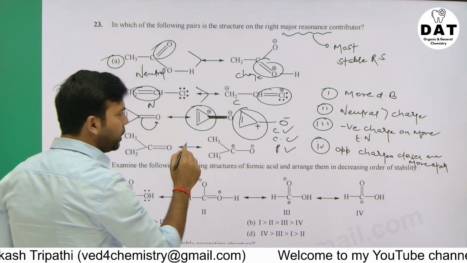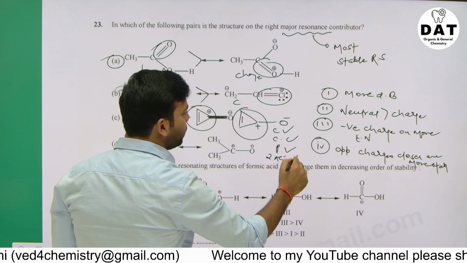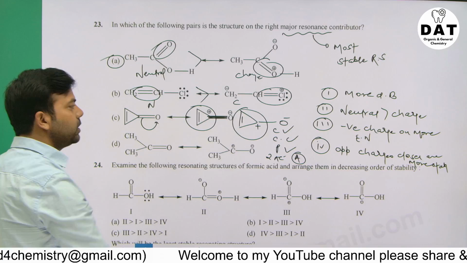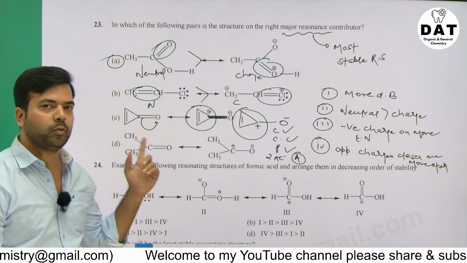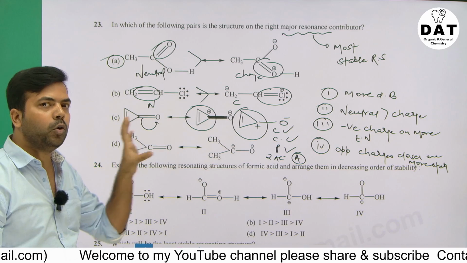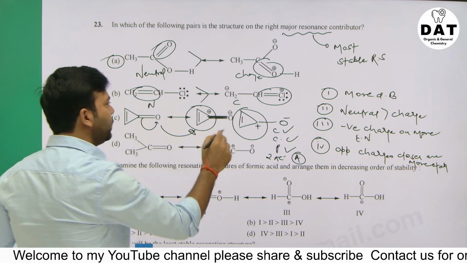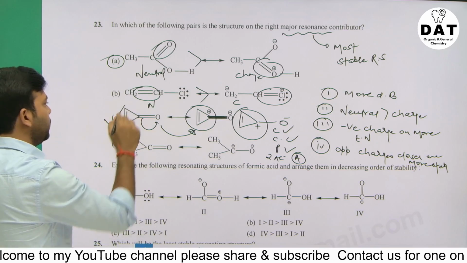And how many conjugated pi electrons inside the ring? Just 2 pi. So 2 pi electrons means aromatic. So the right structure is aromatic, the left is not aromatic. The resonance form of this is aromatic. Makes sense? So it will move towards the charge form. So the right structure is more stable in the option C.